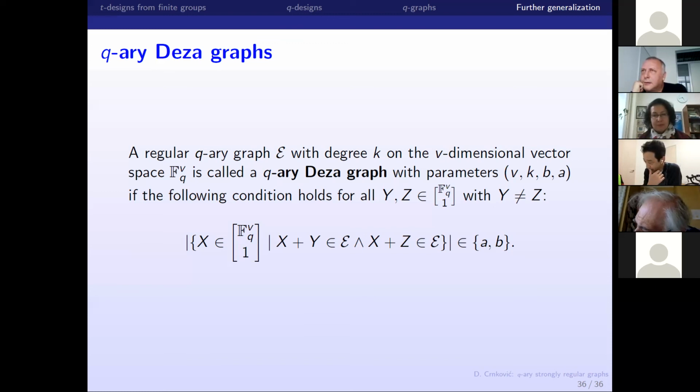I think it is regular in your sense, but I don't know if it satisfies the additional property of being strongly regular, but that would be a good candidate. I don't think it leads to a true analog of two-designs though.